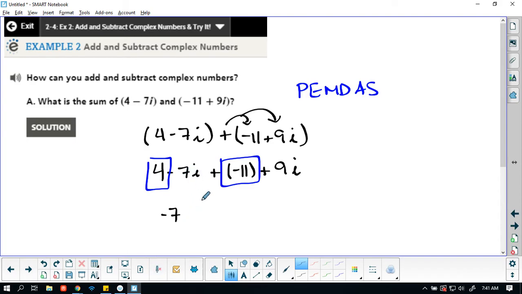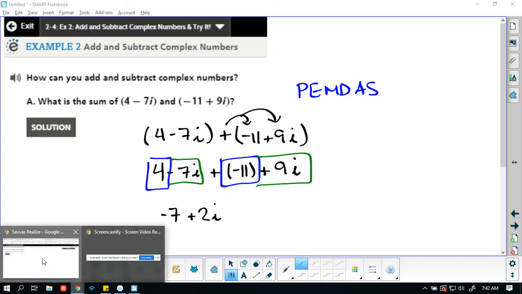And then we combine our imaginary components, which is -7i plus 9i, which is going to be plus 2i. And we have successfully added our two parts.